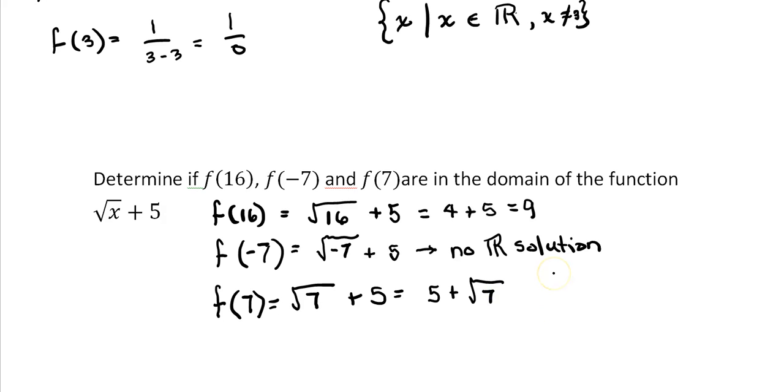The square root of 7 is going to be not an imaginary number, but an irrational number. Irrational numbers are real numbers. Remember our tree rings there. So an irrational number is still going to be a real number, so that is our solution. We have a solution right here. Okay? Let's take a look.